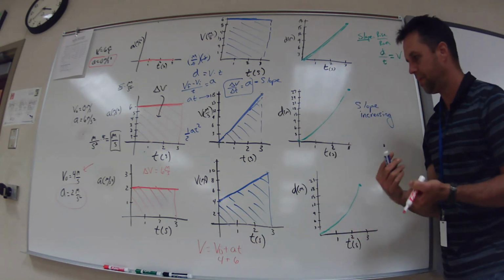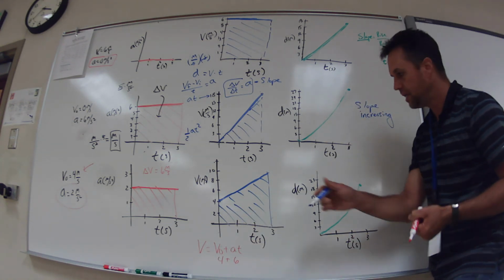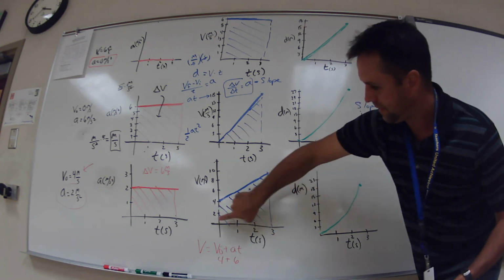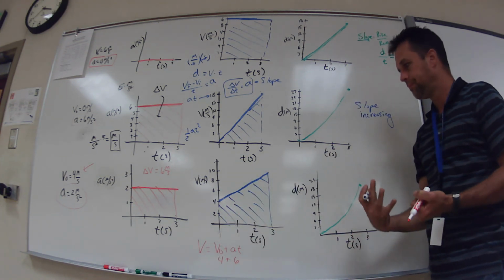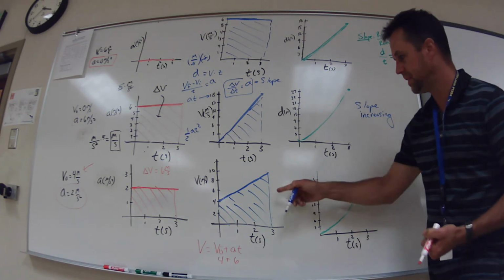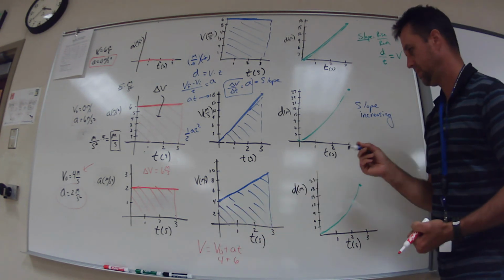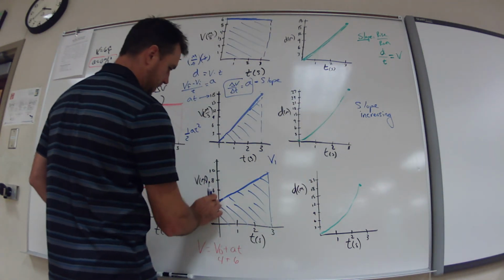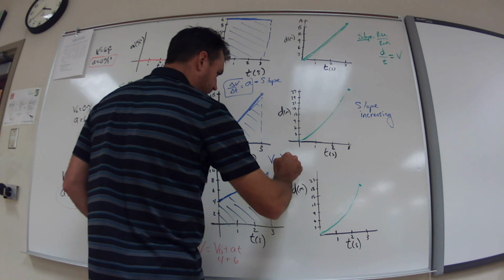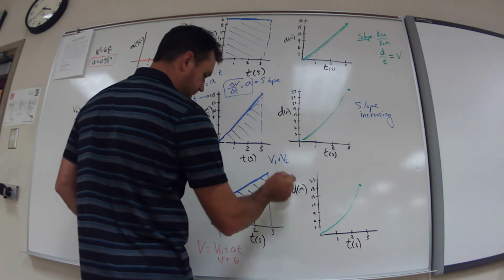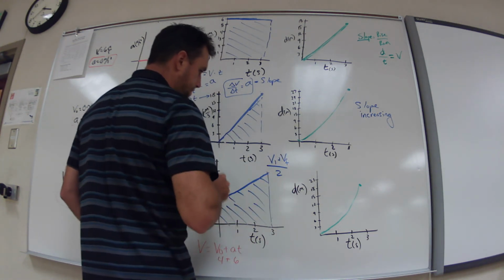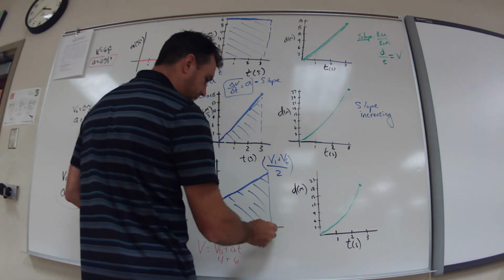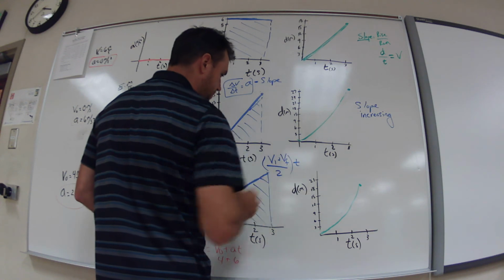Now if you remember, the trapezoid formula is you're going to average these two sides and then times it by the height. Okay, so what am I doing when I'm averaging this side and that side? I'm really taking V initial, that's the left side, plus V final, that's the right side, averaging them. So you just add them together, divide by 2, and then multiply by this, which is the time.